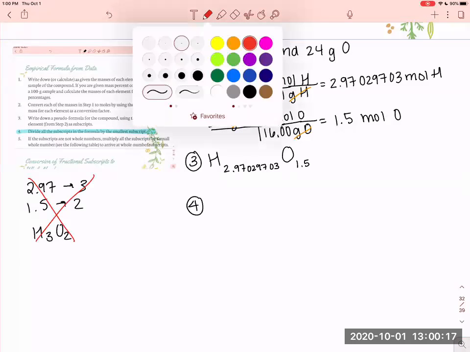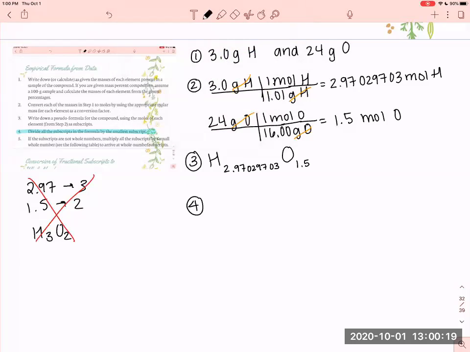Why can't we do that? Well, every mole is a huge number of atoms. So by rounding these moles, you're really changing the ratio of atoms in this molecule. So we really have to get it almost perfectly whole numbers before we can do any rounding.